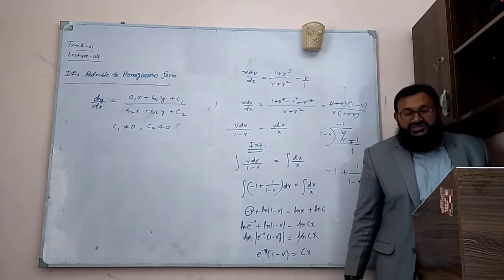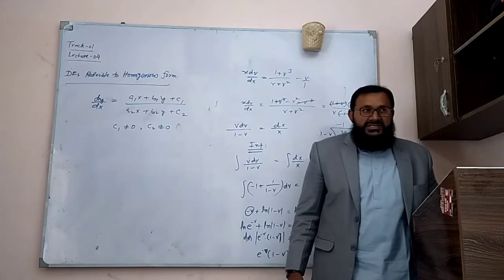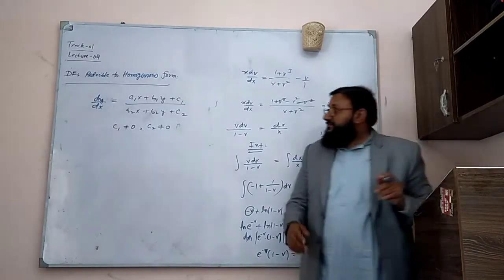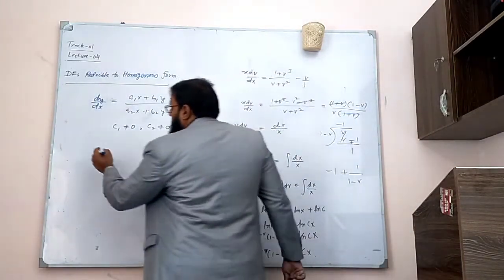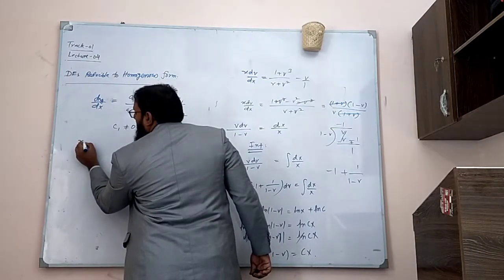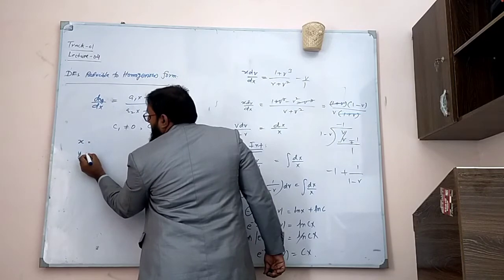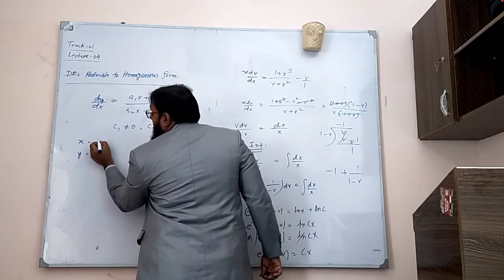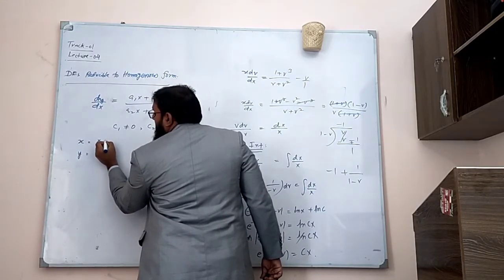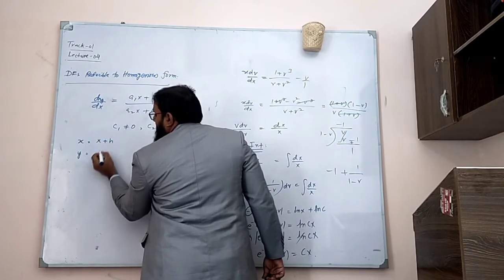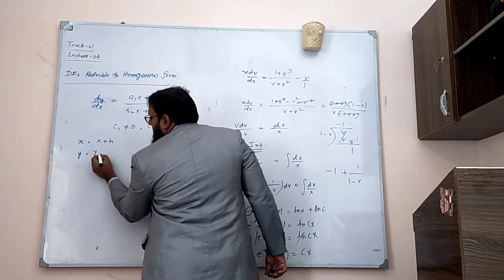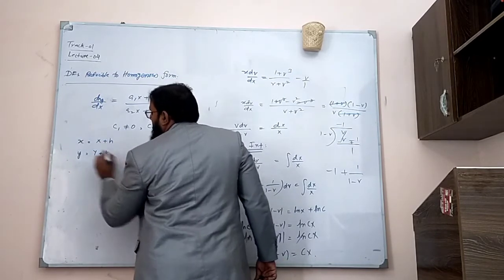So what transformations do we need to do to convert this one? The transformations will be: your small x, the x that appears in your equation, should be equal to some capital X plus some other parameter, let's say h, and small y is capital Y plus some other parameter, let's say k.